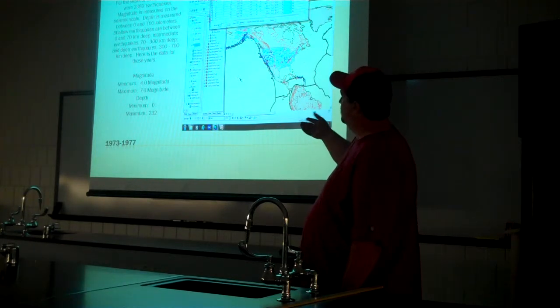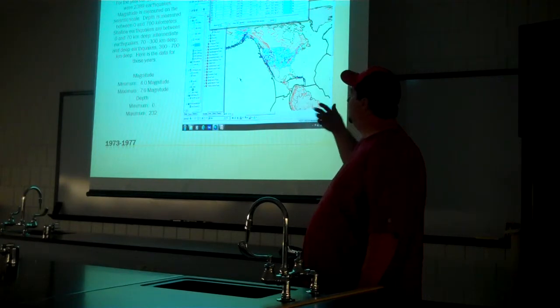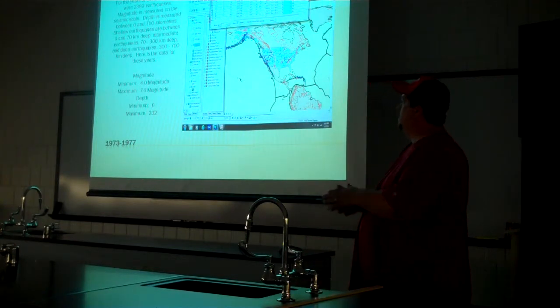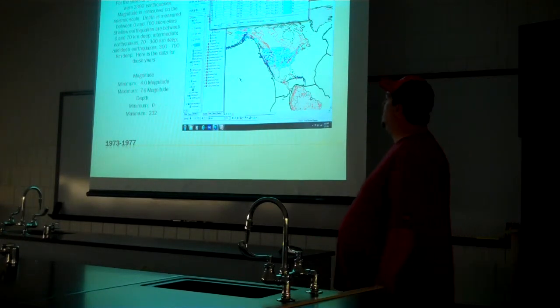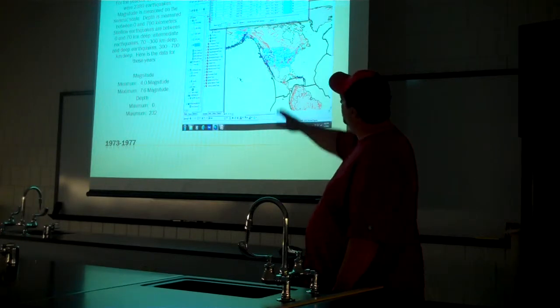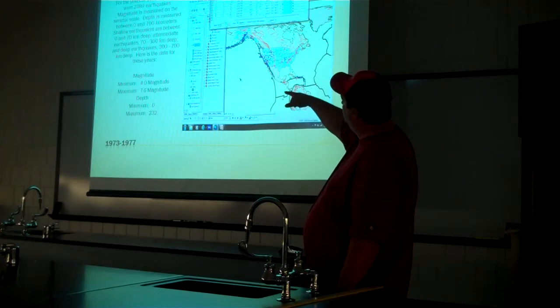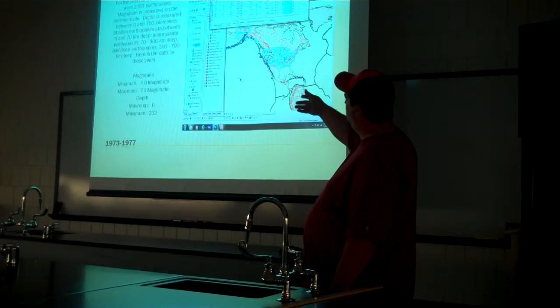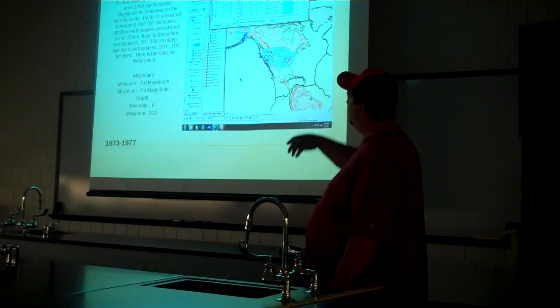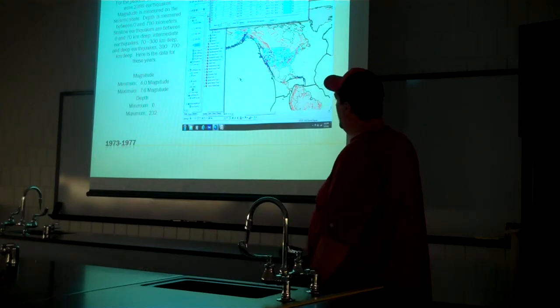The magnitude is measured with the seismic scale, and the depth is measured between 0 and 700 kilometers. The intermediate earthquakes are between 70 to 300, and the deep are 300 to 700 kilometers deep.